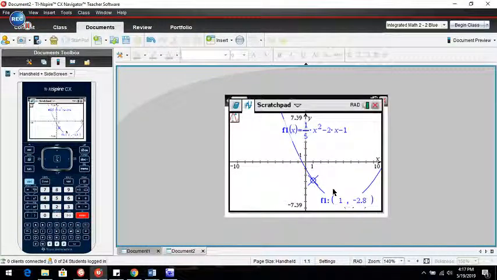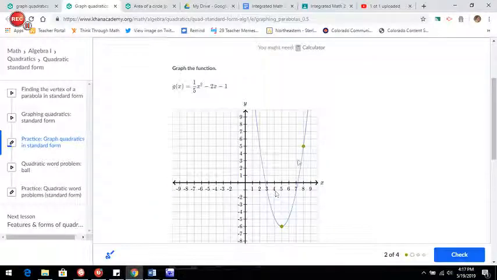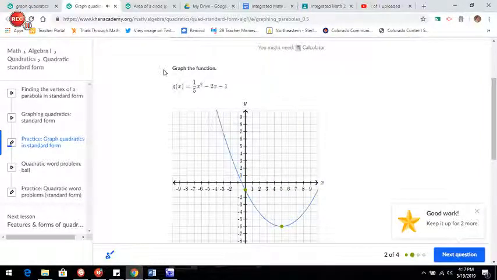If I type in 1, it's also a decimal. So it looks like my y-intercept is going to be the best one to graph. So 0, -1. So there, I know I went kind of fast through that. You might need to slow that down.